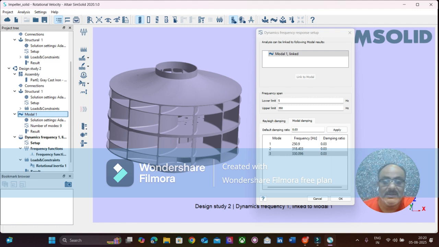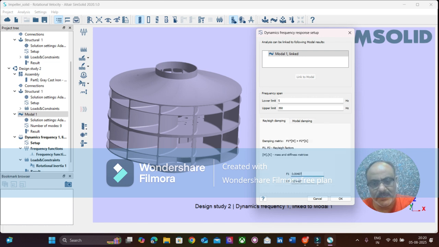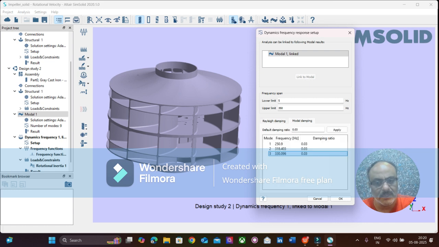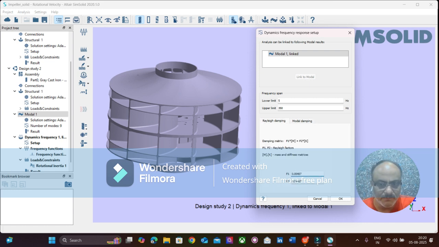So that is what we see here, that there is a damping ratio, and this is that damping factor, and we have a certain ratio that we follow, and here you find Rayleigh damping, and this is called the modal damping. So this Rayleigh damping again depends on the mass and the stiffness matrices that we discussed earlier. So the force matrix is equal to the stiffness matrix multiplied by the displacement matrix.